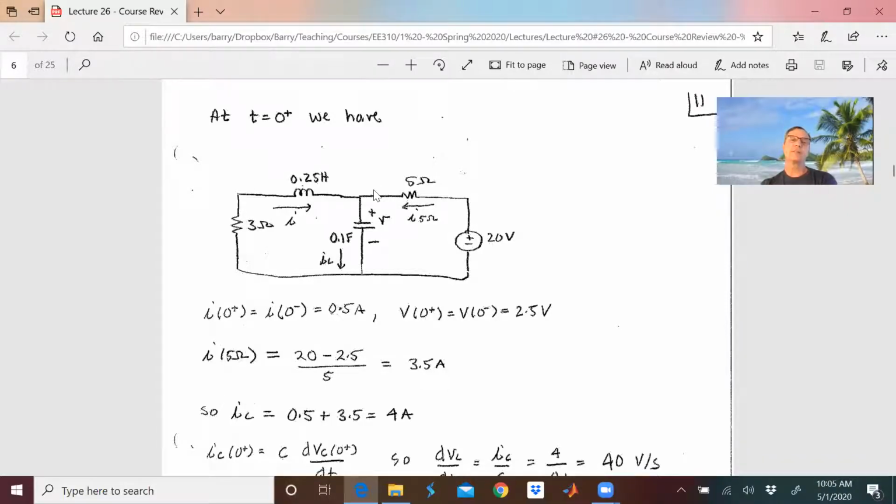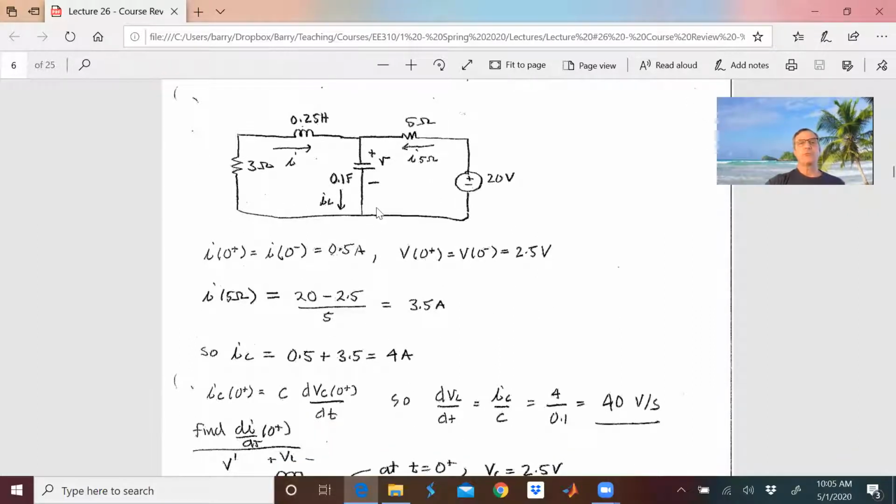So KCL on the fly says I have 3.5 amps coming from this side with this equation, and 0.5 amp coming from here, because I can't change that current in the inductor quickly. So I have 4 amps going into that capacitor at t equals 0 plus.